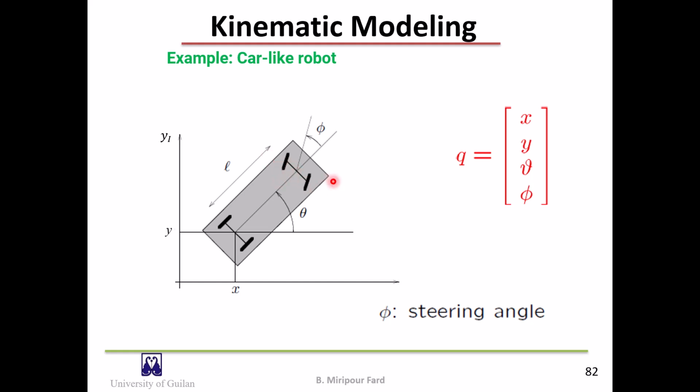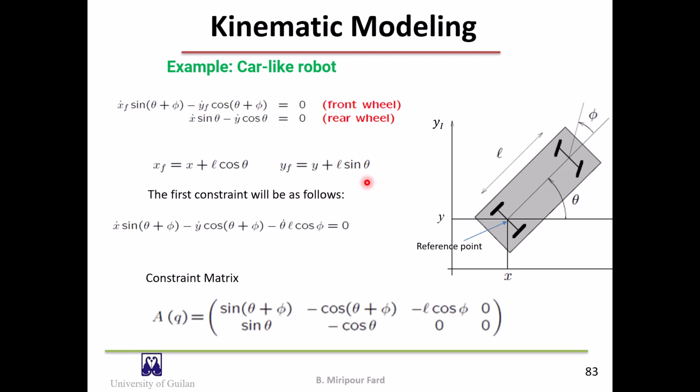The actions here are the forward speed v of the car at its reference point, and the angular speed omega of the steering angle. The no side sliding constraints for the front and the rear wheels can be written as seen here.